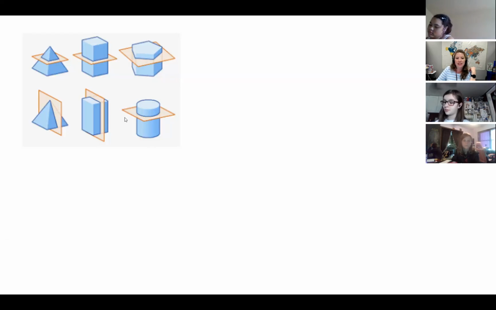Let's do the last parallel cut. What about the cylinder? If I cut it straight across, what's it going to give me? It's going to be a circle. Now, when you're looking at a picture, be careful because there's a test question about this. It says, what happens if I cut the cylinder parallel to its base?